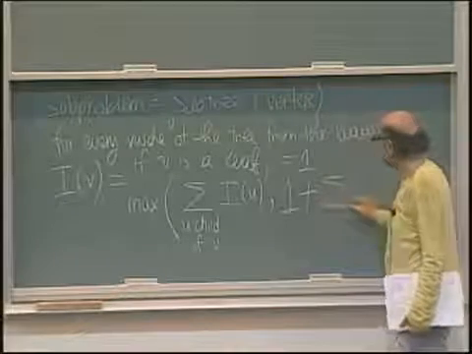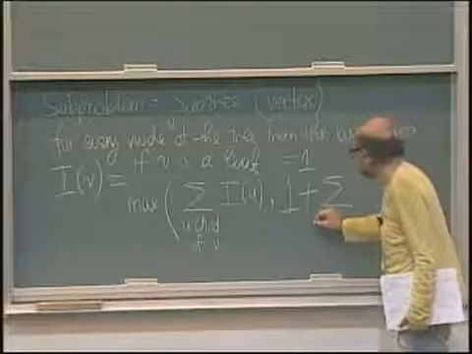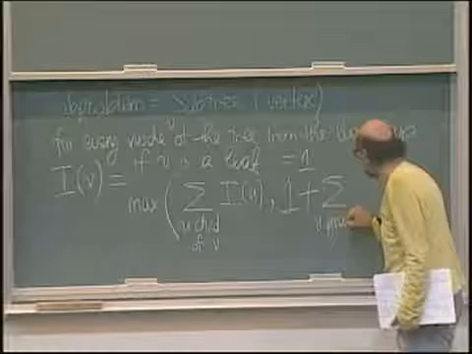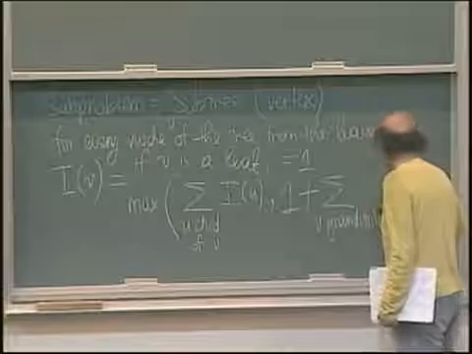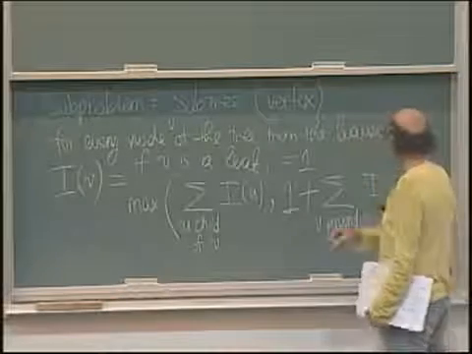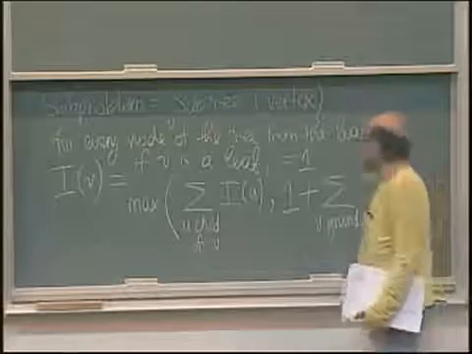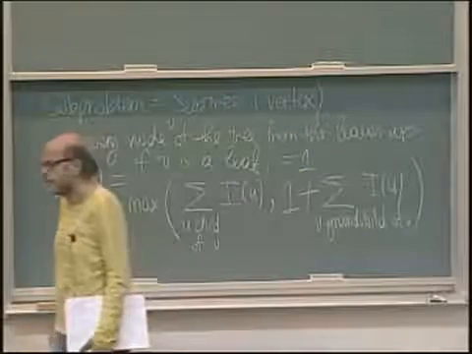Sum of what? Grandchildren, exactly. U is a grandchild of V, I of U.